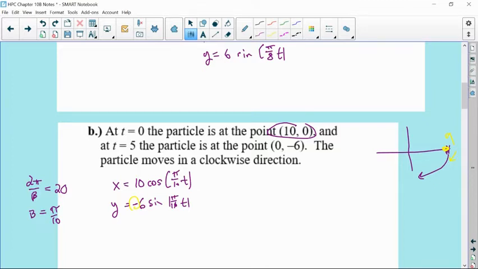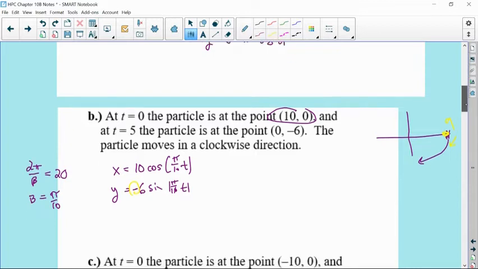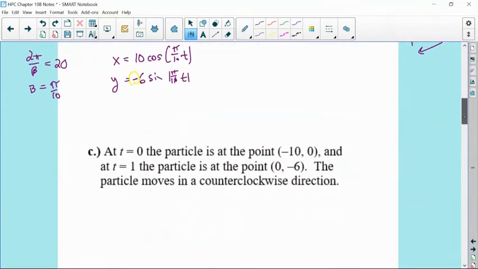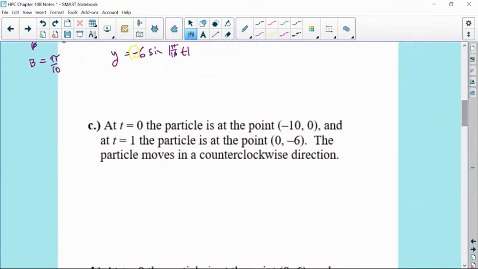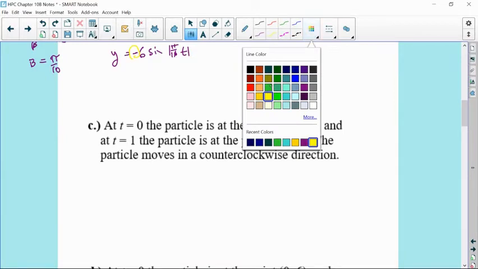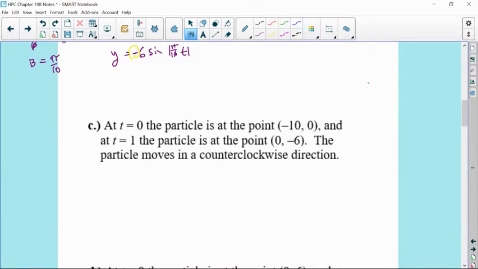Okay, so let's look at the next example. And again, at some point, maybe pause the video. You try it and then see what I say. Okay, so now we're starting at (-10, 0). So we're starting at the other side of the x-axis, but we're still starting on the x-axis.